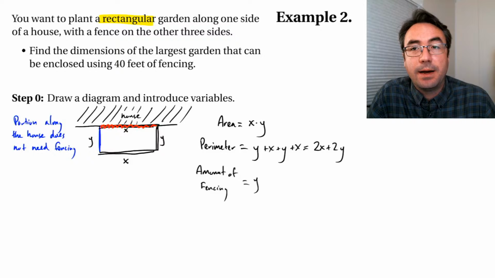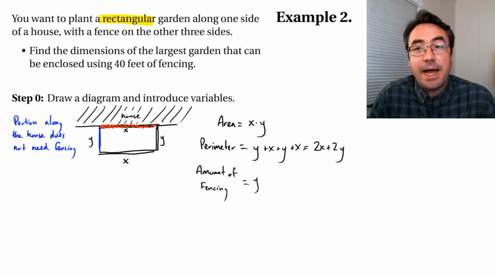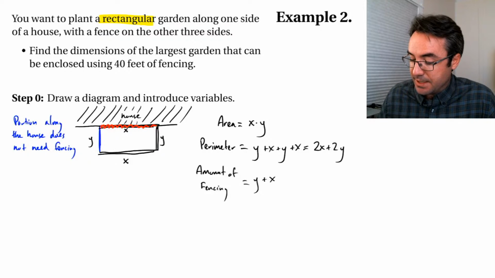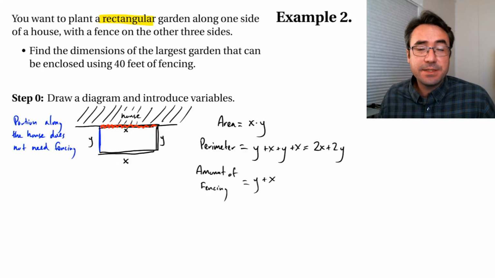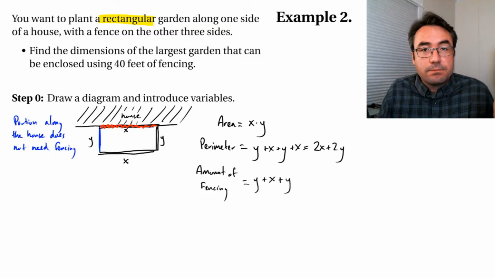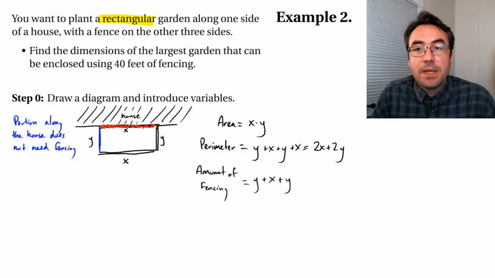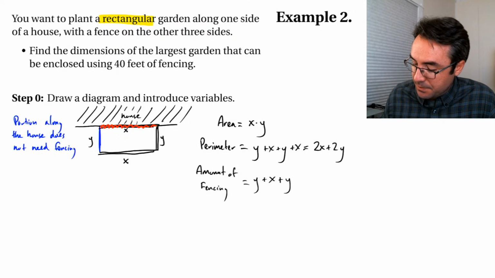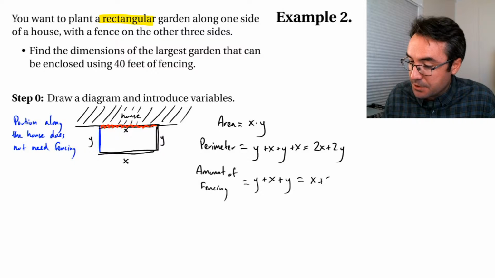That would have length Y. Then we would need fencing for the side opposite the house, so plus X. Then we need fencing for the right side, plus Y. But when we get back to the house, we don't need fencing along that side, so we don't include that. So for the actual amount of fencing that we would need, if we simplify this, it would be X plus 2Y.